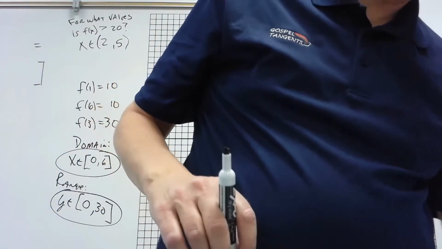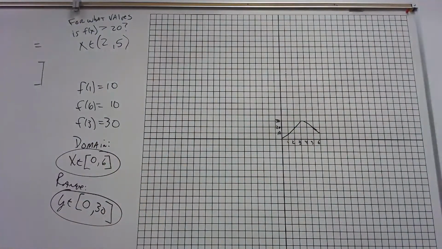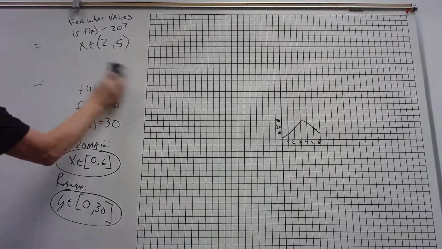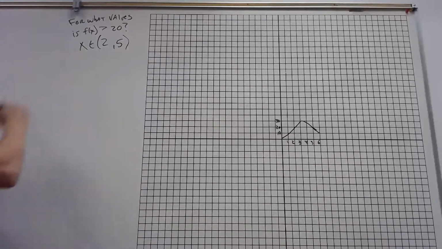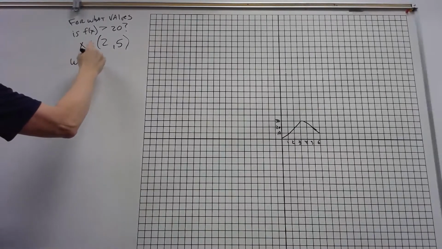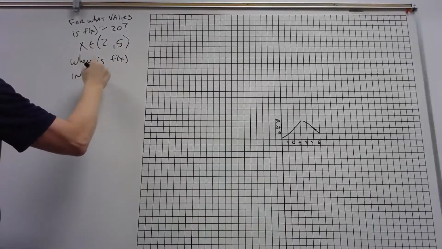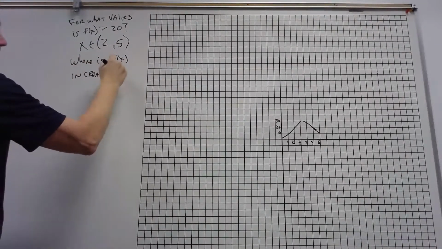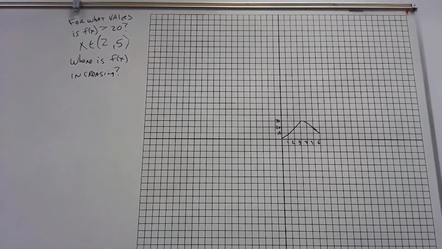I'm going to erase this because I want to keep it on the video. Where is f of x increasing? I don't mean to pick on people in the front.